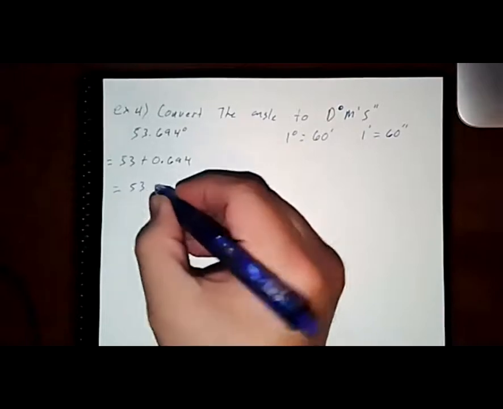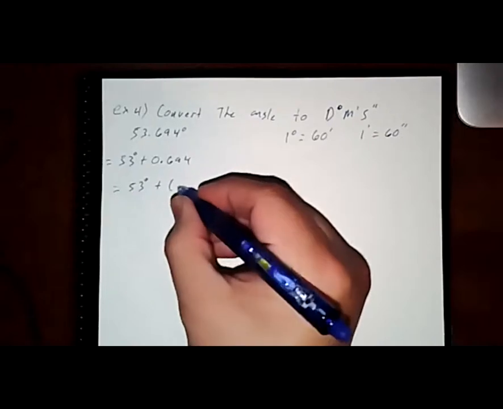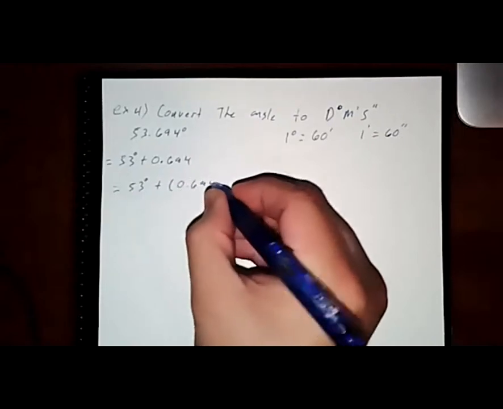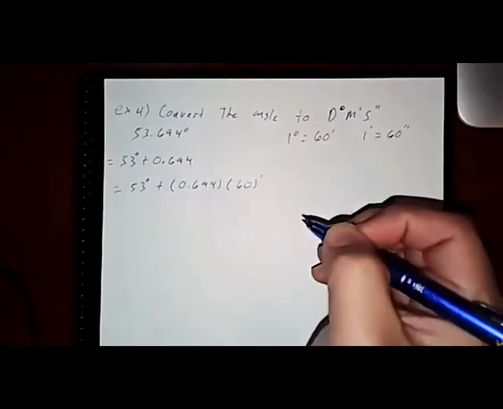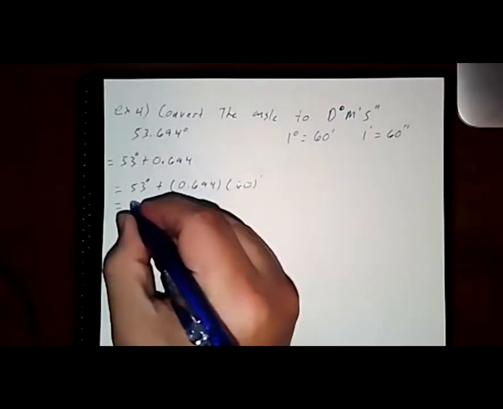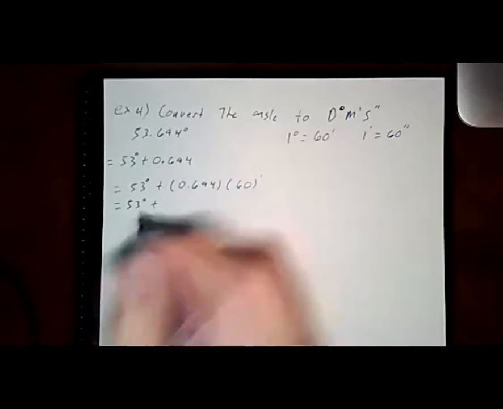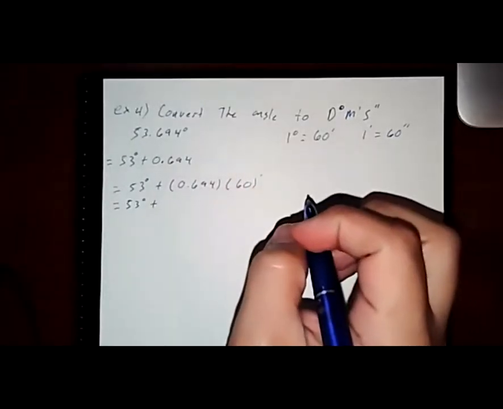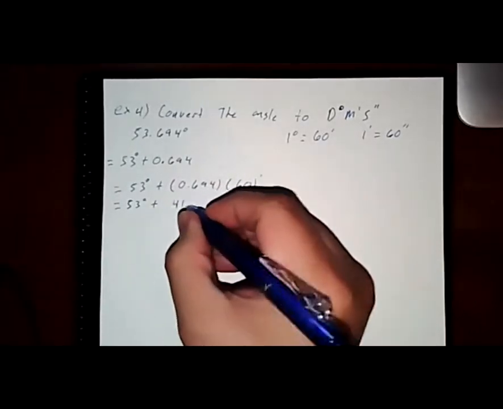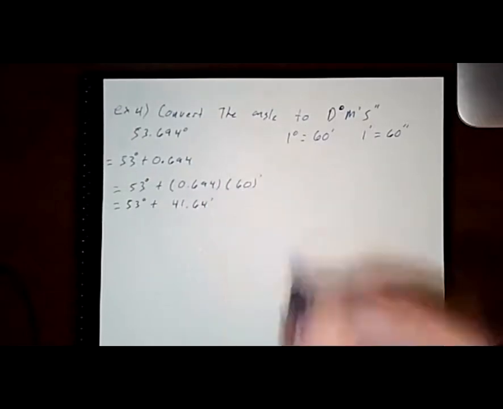I'm going to ignore the 53 degrees the whole time, and you're going to multiply 0.694 times 60 minutes. Which will give us what? 41.64 minutes, right?